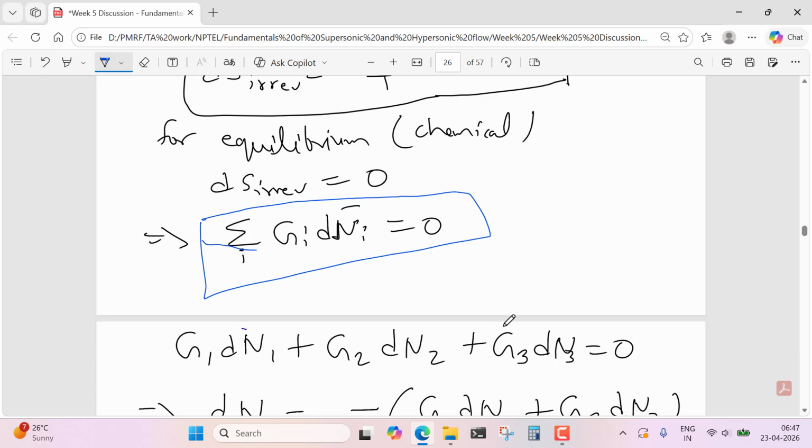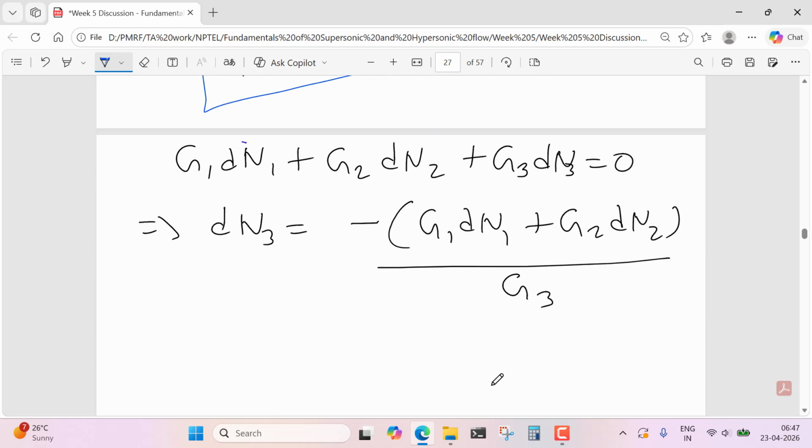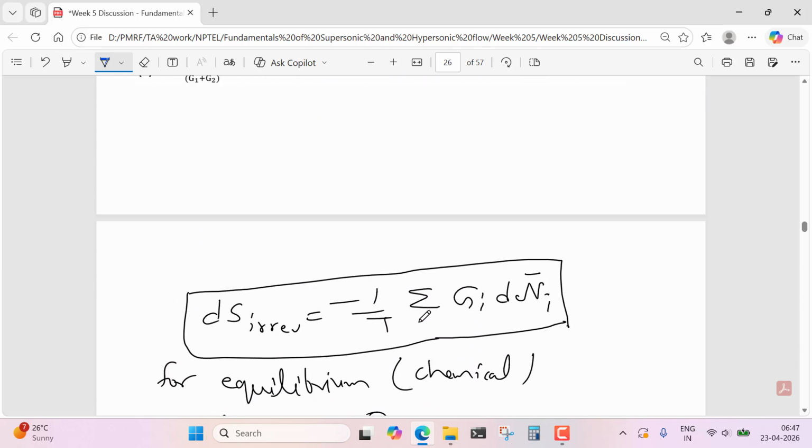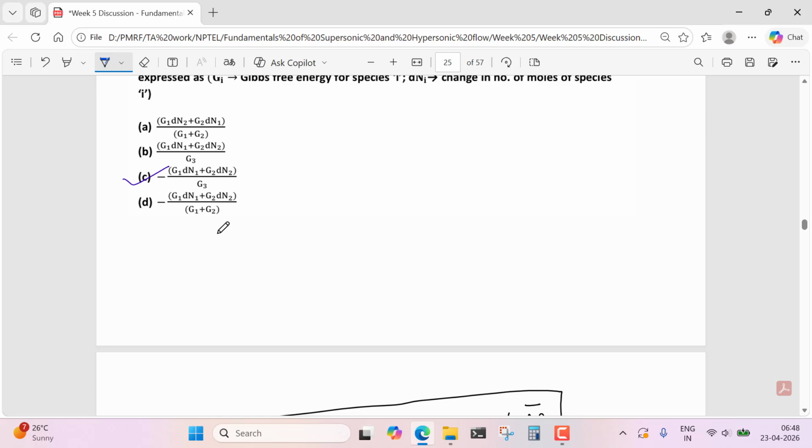Now we have to find dN3. We take these two on the right hand side, and dN3 equals minus G1 dN1 plus G2 dN2 upon G3, which is option C. So option C is the correct answer.